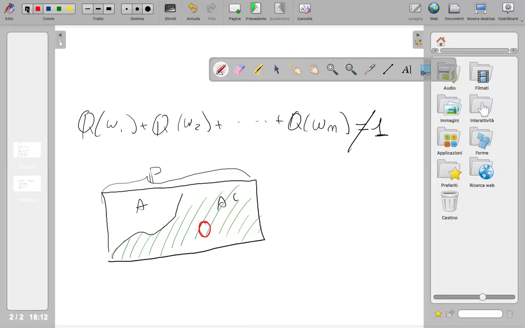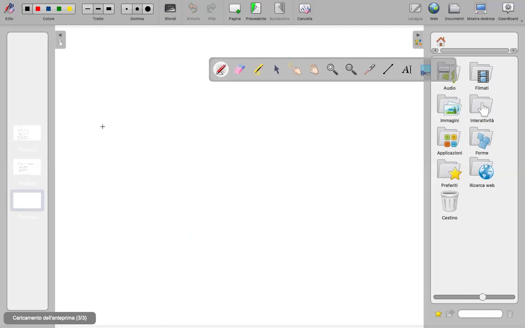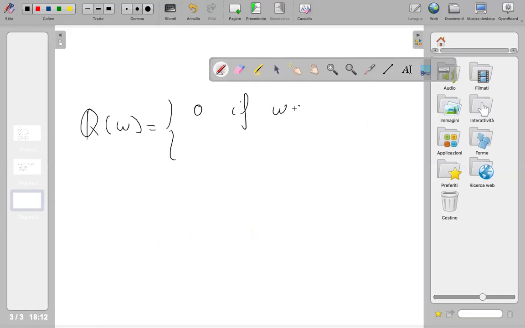So the correct way to do it is we define Q of omega equal to 0 if omega is not in A, and a constant C, to be determined, times P of omega if we are in A. Okay?